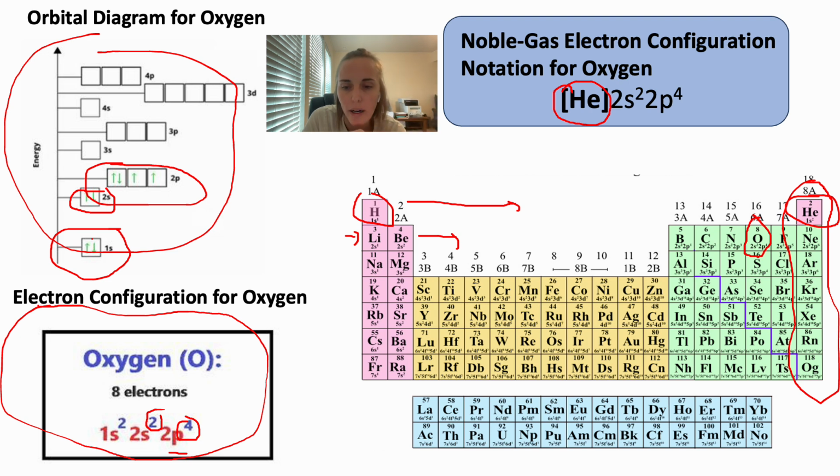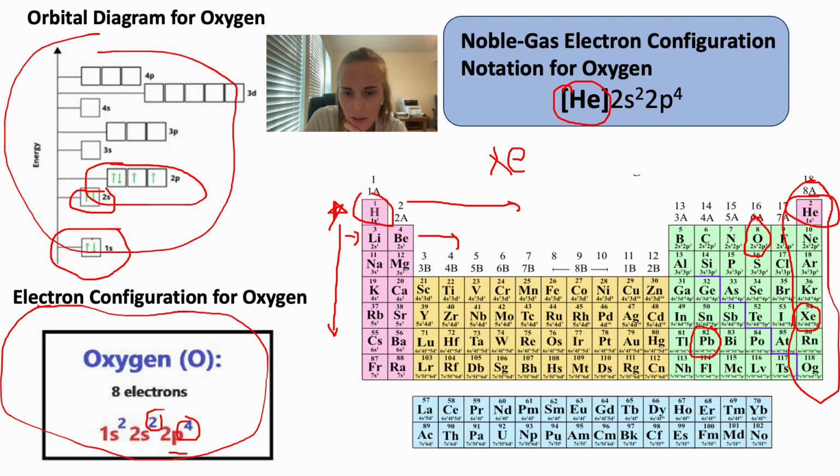But what if you had to write out the entire electron configuration for lead? That means you would have to start all the way up here and work your way all the way down across the whole periodic table. Or if you're doing the noble gas configuration, you could just write xenon in brackets. So we could say xenon.